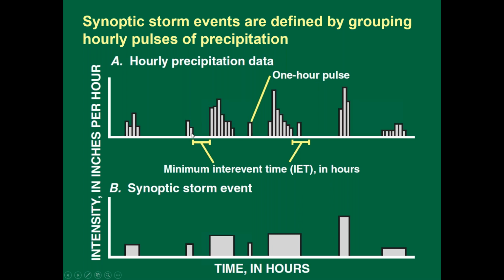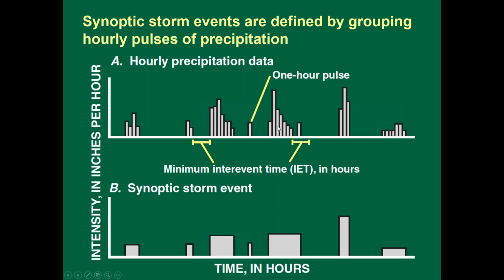If the pulses are delayed by this minimum inter-event time in hours, then we'd have 2 separate storms. So you see these 2 hourly values down here and then a bunch of hourly values here. Because they're separated by that minimum inter-event time, we have this one event down below here and this other event down here. So we lump all those hourly pulses into individual events.